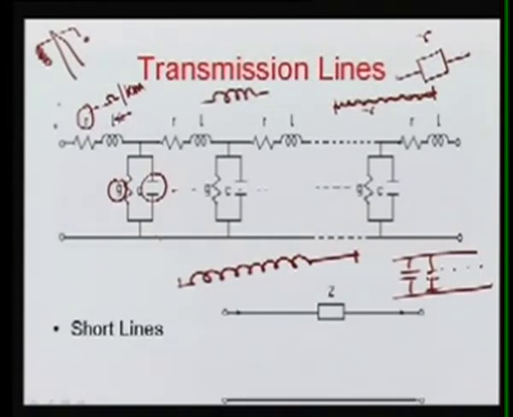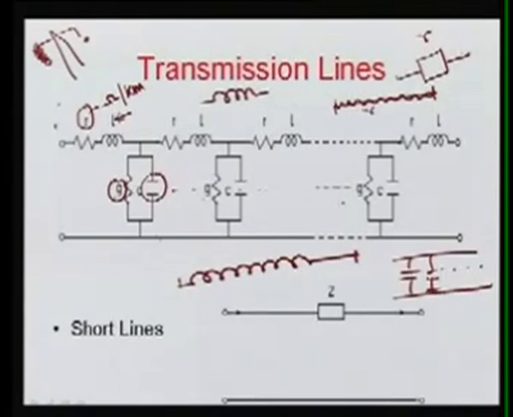So, there will be some leakage current over the insulator, and that loss is normally denoted by G. Since we have the towers at equal distances throughout the transmission line, this G term, that is conductance, a loss due to several other factors, is also distributed in nature.